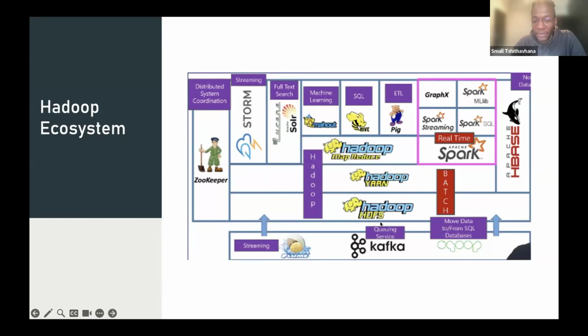We have Kafka, which is the streaming service, and then we have Flume, but mostly we're going to focus on Spark, the pink block.